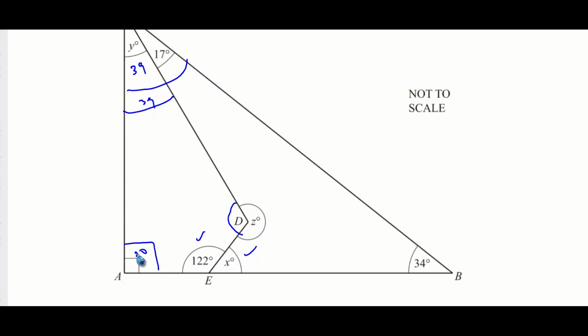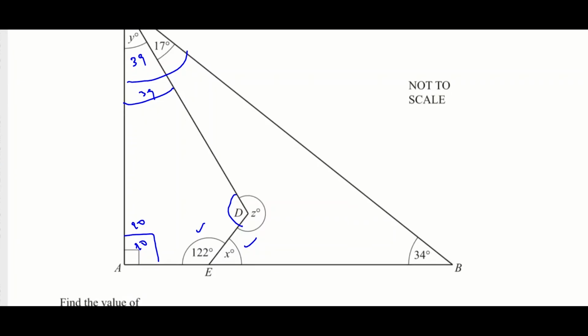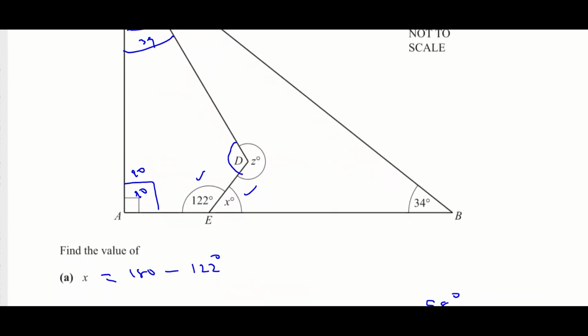Since this one is 90 degrees, that means angles 39 and 122 and angle d should add up to 270, because this is already 90 degrees. So we can add 39 to 122 to d, and that will be 270.